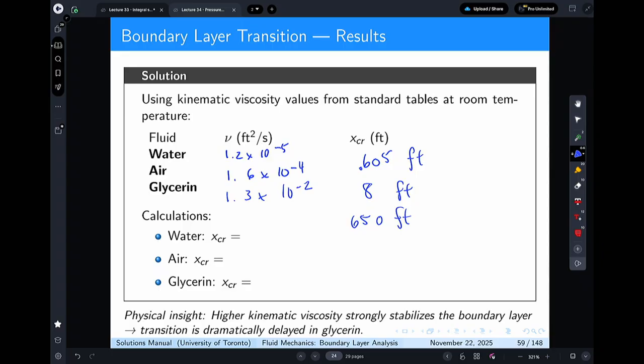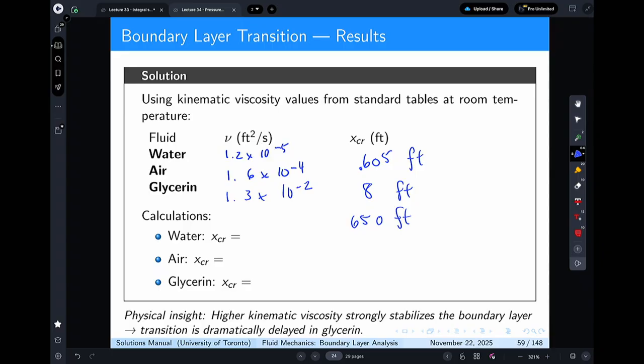So if you substitute all of the values, you'll notice that these higher kinematic viscosity terms stabilize that boundary layer. So glycerin takes a long time to develop versus water, which is pretty much at critical value within half a foot, so 7 inches. 8 feet is a bit downstream, but air is going to take a little bit longer.